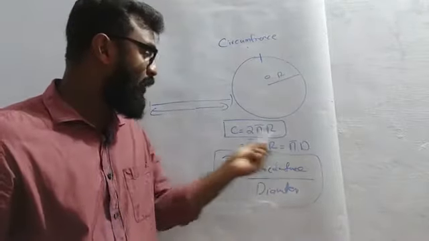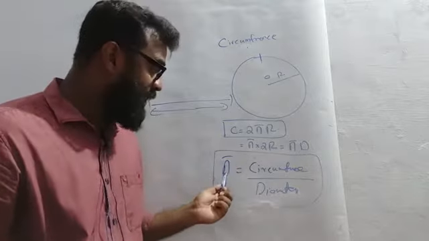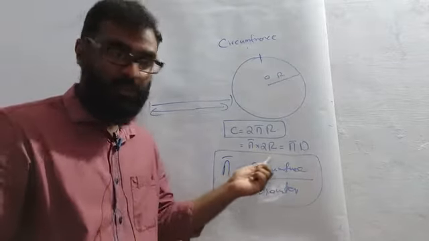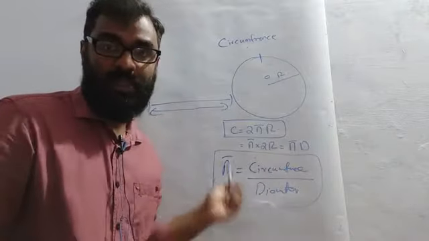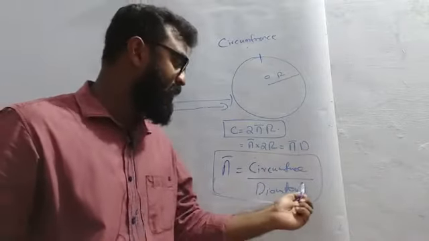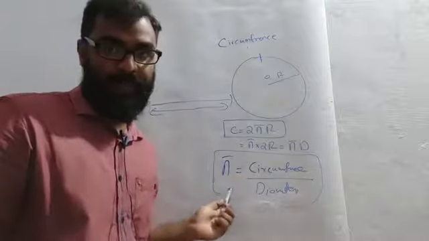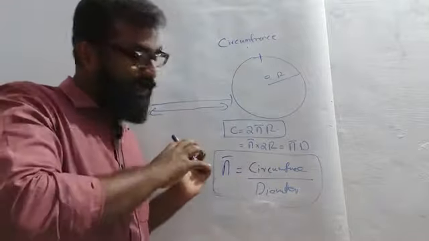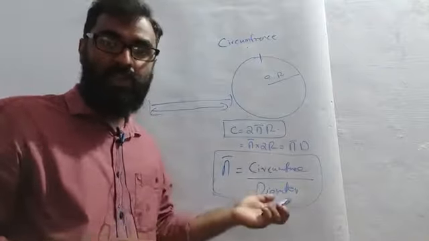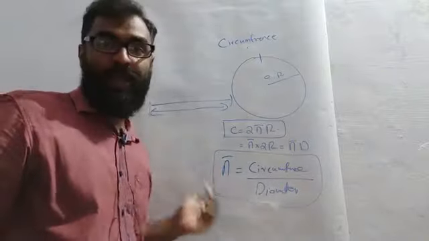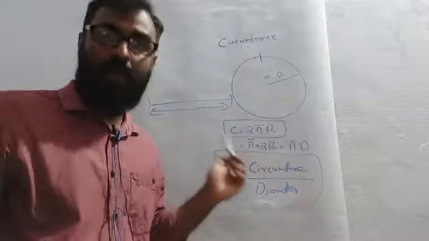Pi equal to C by d. So pi is equal to the circumference of the circle divided by the diameter. When we take different circles and find the circumference and diameter and take the ratio, it will always be equal to the value of pi, 22 by 7 or 3.14, right?